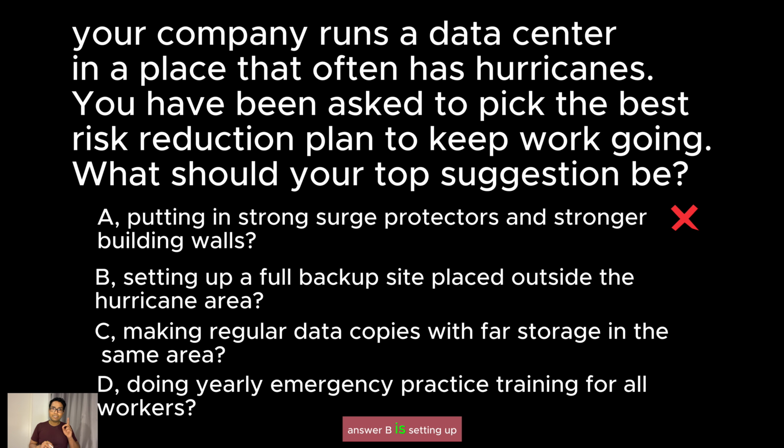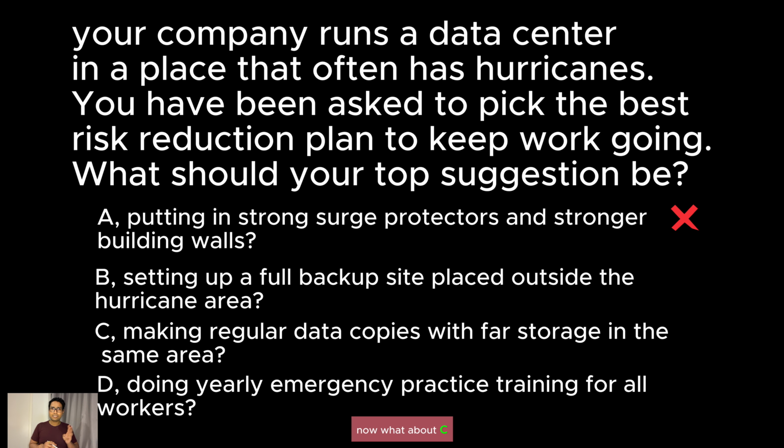Answer B is setting up a full backup site placed outside the hurricane area. That could be costly, but it is a risk-based method. A full backup site means having a ready backup location able to take over at once if the main data center stops. So we likely want to keep that answer.